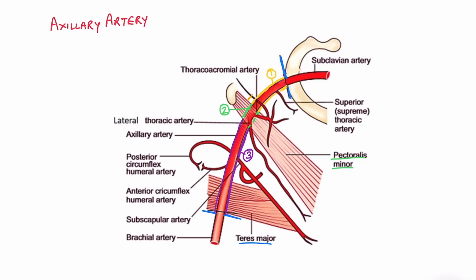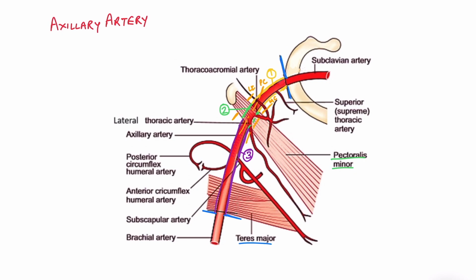So lateral cord will be here, posterior cord will be running behind this artery, and the medial cord will be running in medial relation to this artery at its second part. Posterior cord, lateral cord, and medial cord. These are the three cords of brachial plexus in relation with the second part of axillary artery.